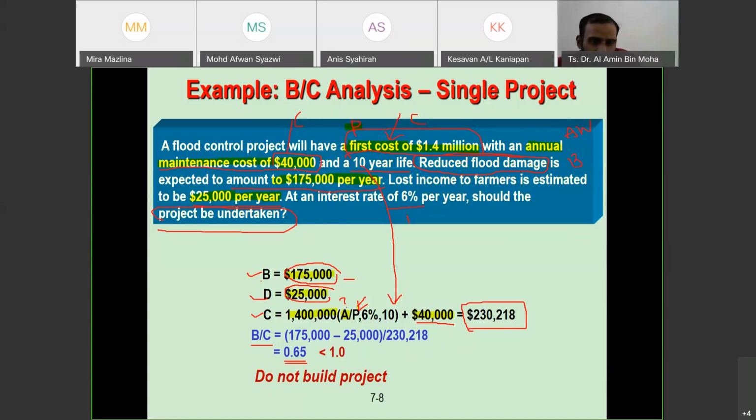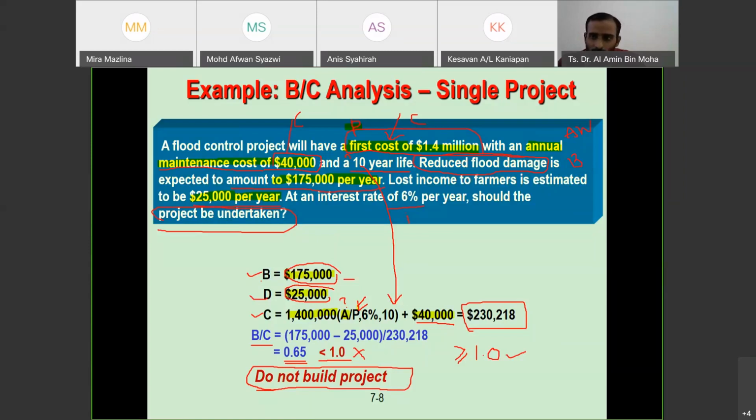This 0.65 is smaller than 1, so we are not going to accept this project because the cost is higher than the benefit. We should get equal or greater than 1 to accept. Since here it is less than 1, we are going to reject, or do not build the project.